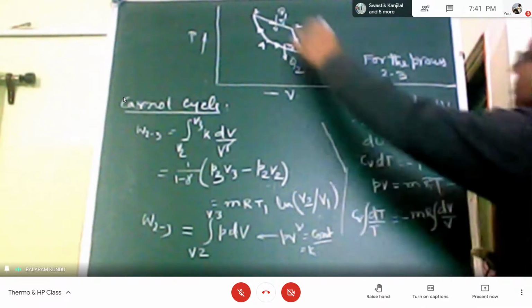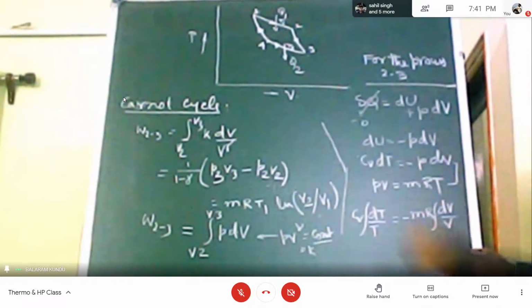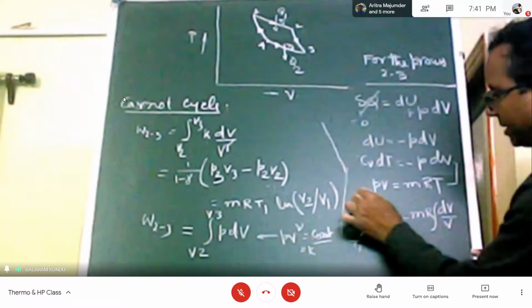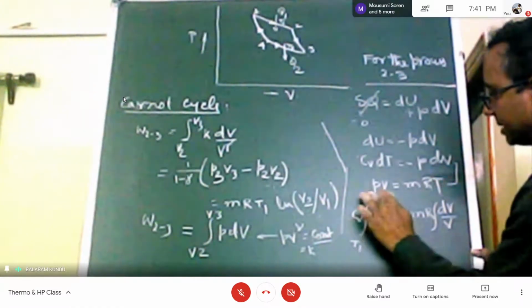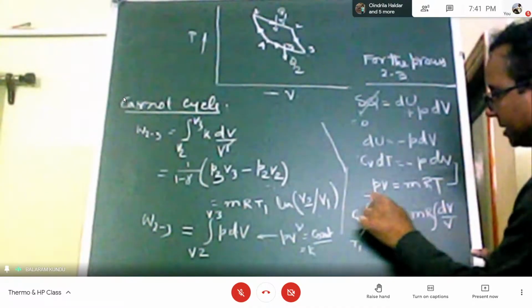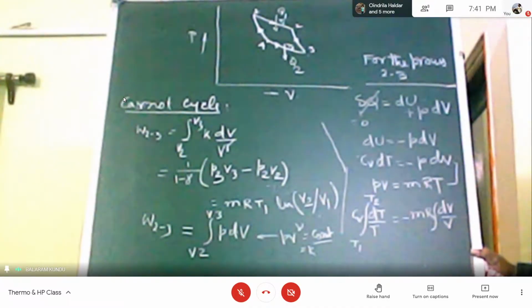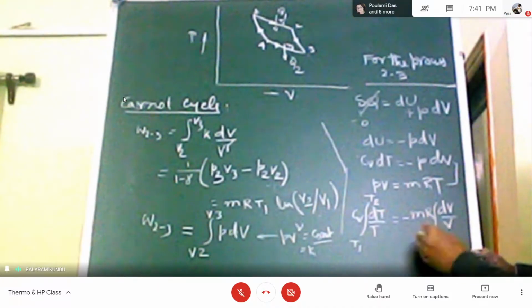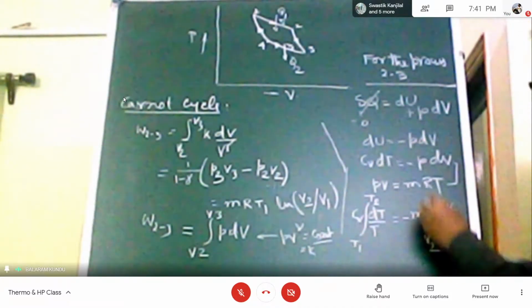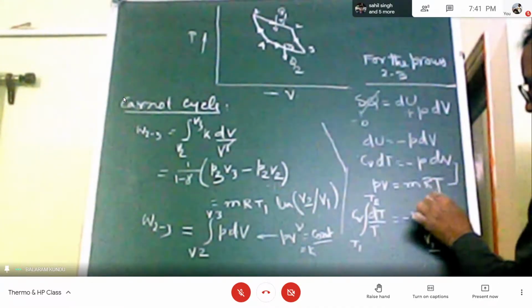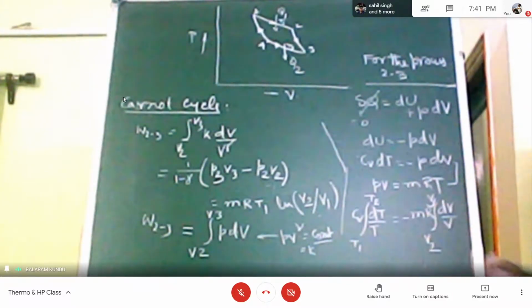You know process 2 to 3 here: at the state point 2 the temperature is T1, and at state point 3 the temperature is T2, and your initial volume is V2 and your final volume is V3.